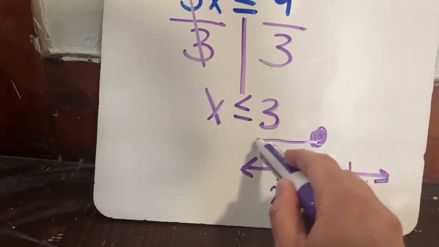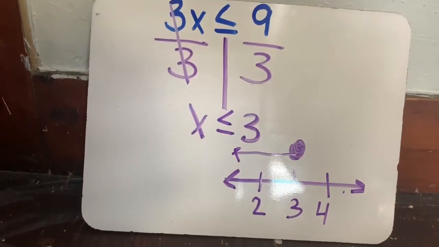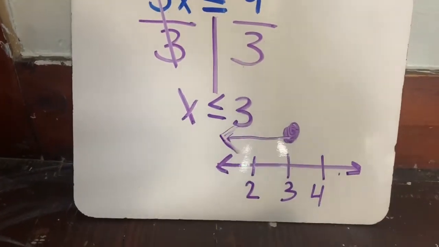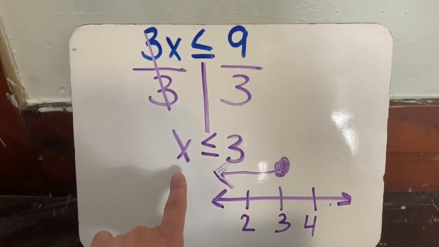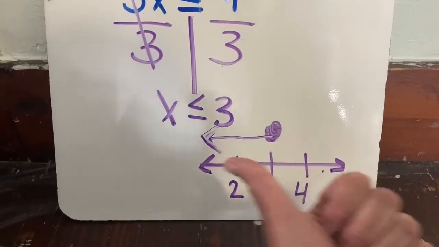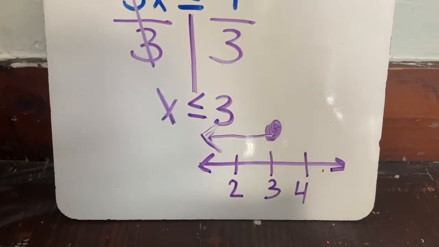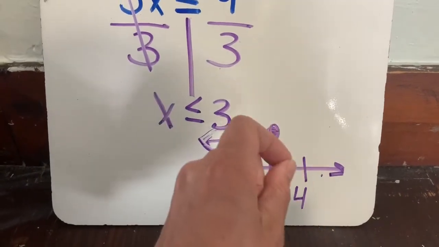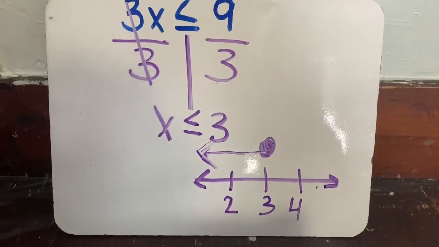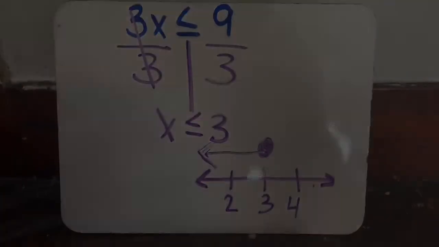I can make my arrow also point in that direction. This makes sense because my mystery number is less than or equal to 3, and these are the numbers lower than 3. That colored in dot is like, yes, number 3, I'm taking you as the answer.